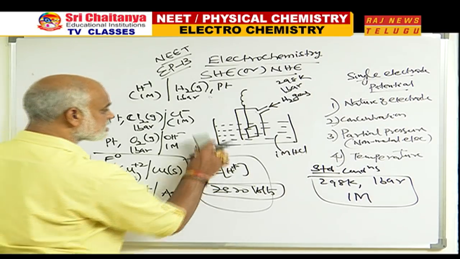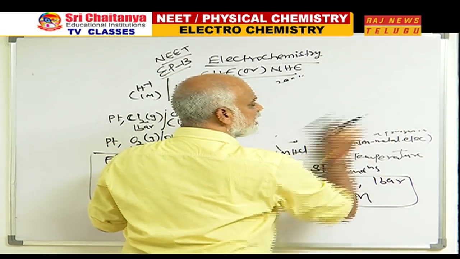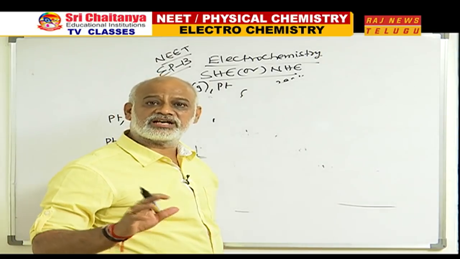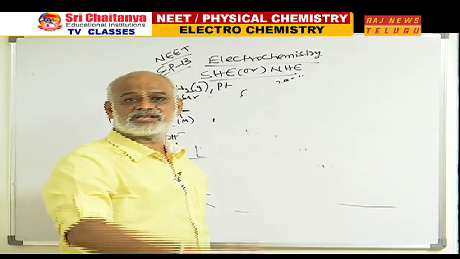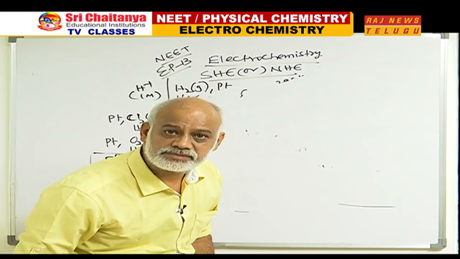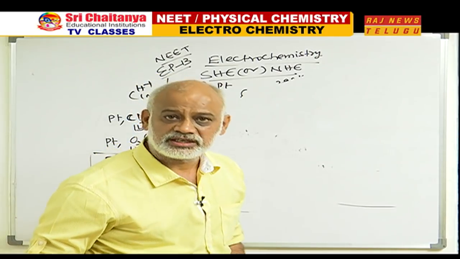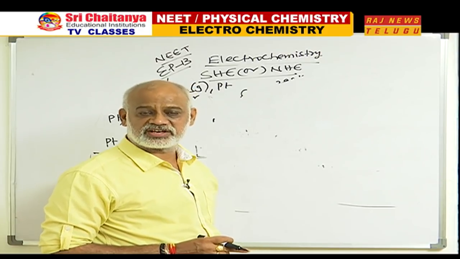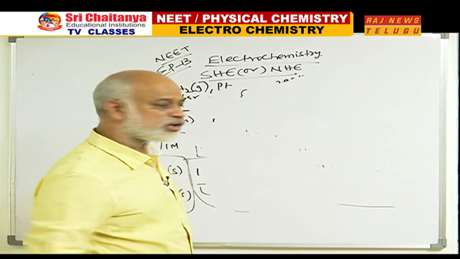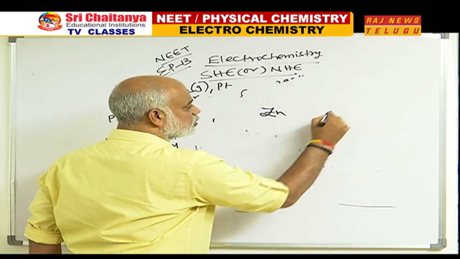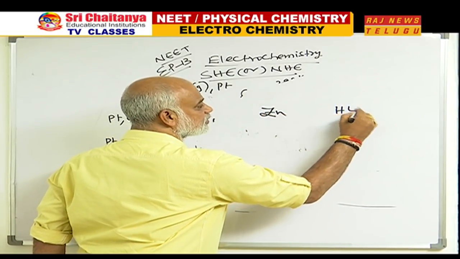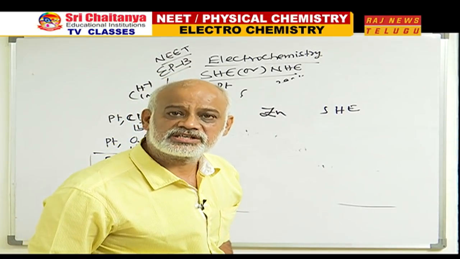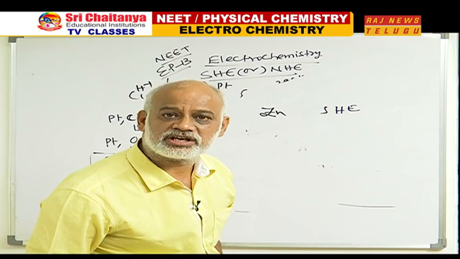Then the question comes, what is the advantage of learning the standard hydrogen electrode? The advantage is, since it is not possible for you to find out the standard electrode potential of each and every electrode, which is very difficult to measure, let us say you are interested in finding the standard reduction electrode potential of the zinc electrode.